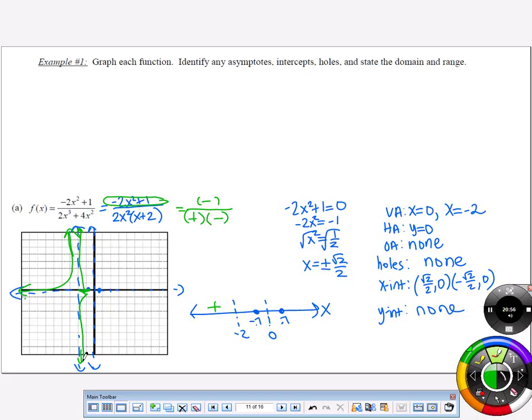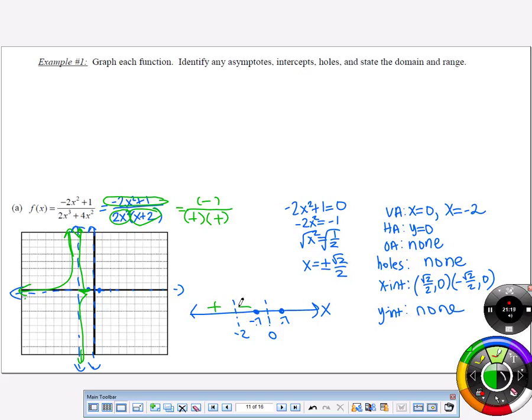Negative? Okay, fine. Right here, when you plug into this factor part, -1, you get a positive. And right here, when you plug in -1, positive. What is this going to result in when all is said and done? A negative value. Okay? So which branch should I draw?